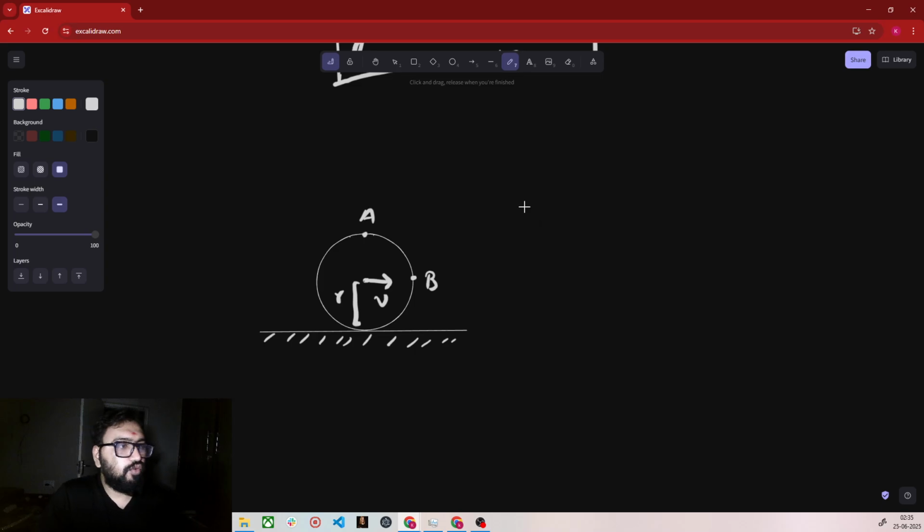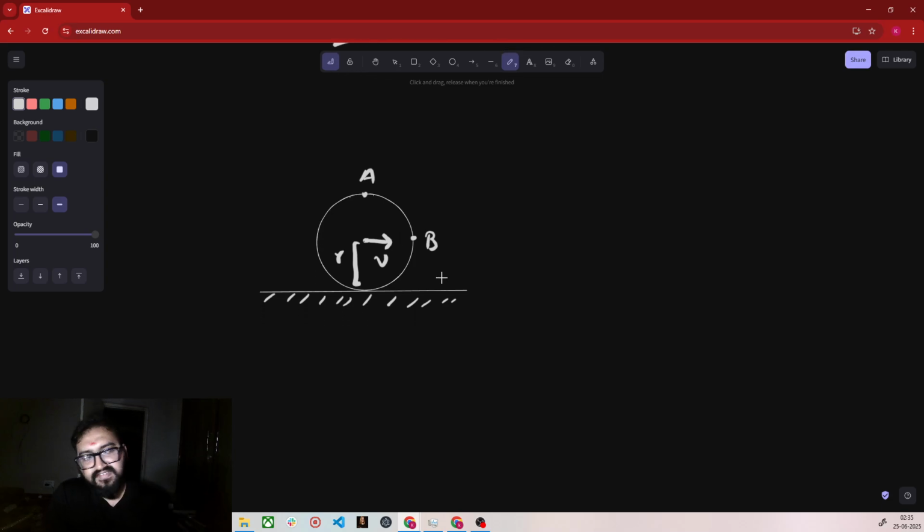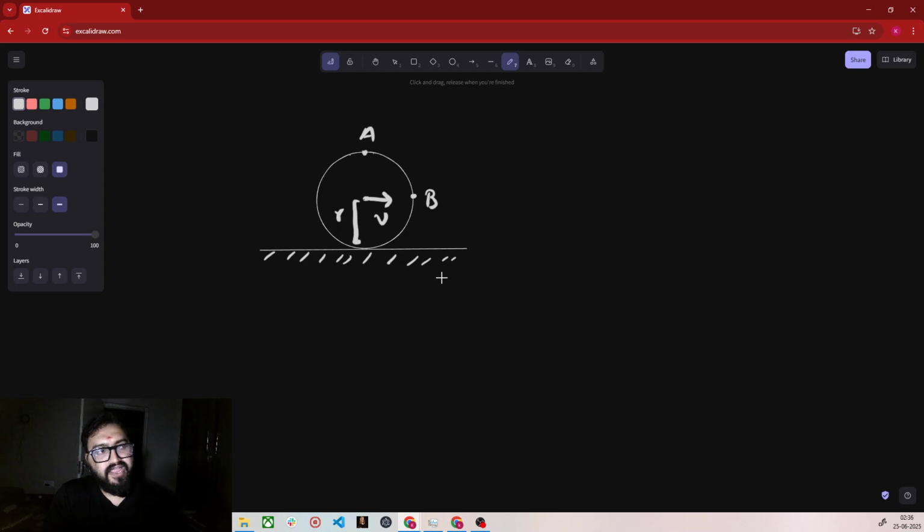I need to find out the radius of curvature at point A and at point B. This is what I need to find out. Now let us try and define what radius of curvature is. So what exactly is radius of curvature? If I look only at this point A, what would its trajectory be like?